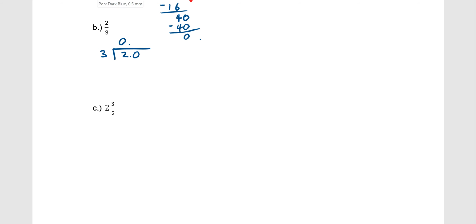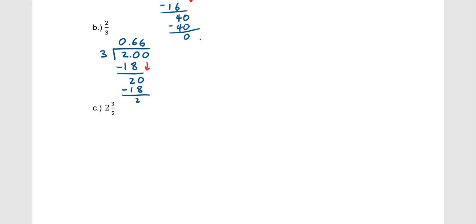So 3 goes into 20 6 times. 6 times 3 is 18. Subtract, we get 2. Same concept as last time, add a 0 at the end, bring it down. And then we have 20 again. So 3 goes into 20, once again, 6 times. And multiply 18, subtract, we get 2.